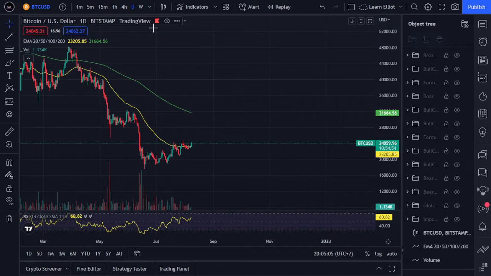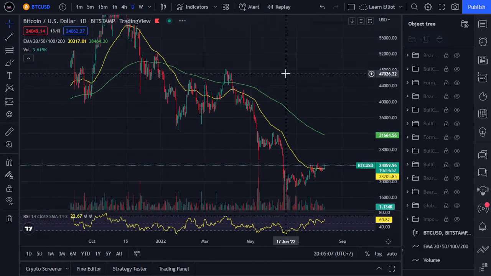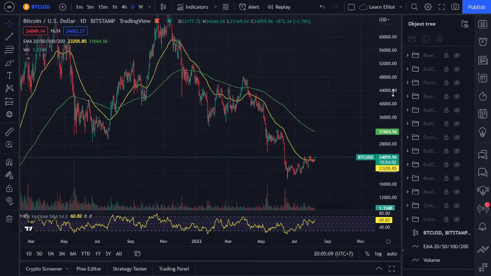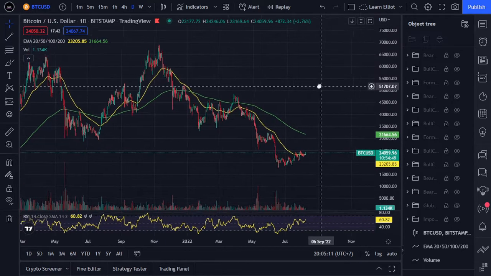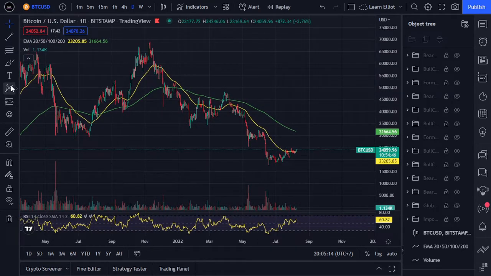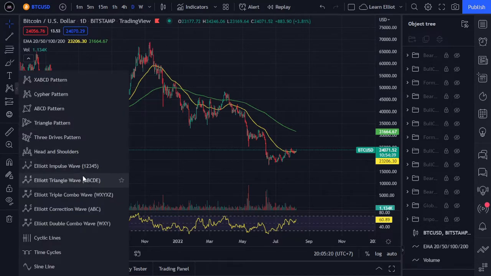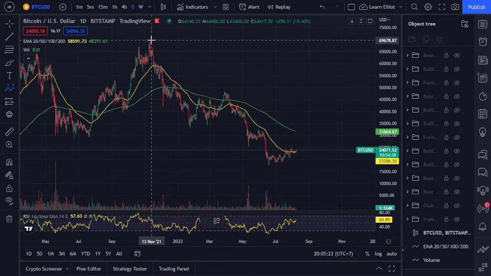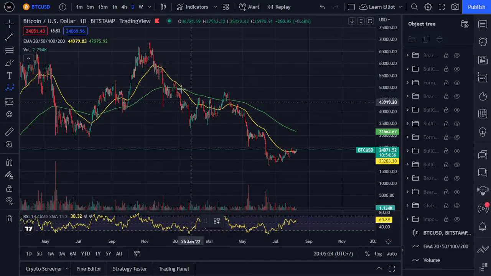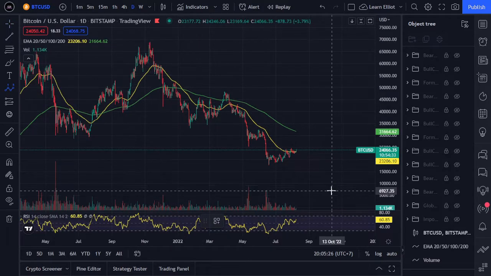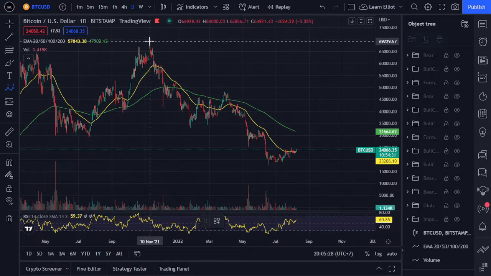Before we go to the 4-hour time frame, I'm going to show you why I used a double correction move and not a triple correction move, because I cannot find any way to count the 5th complete wave below without going to 10k or 8.8k like we have here.